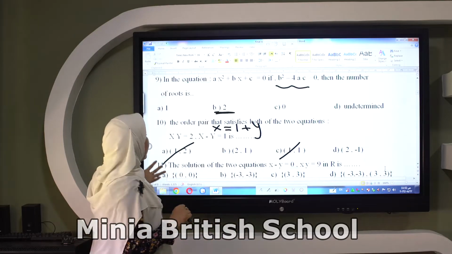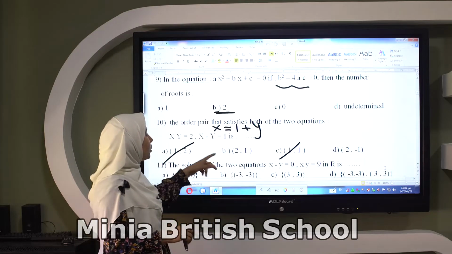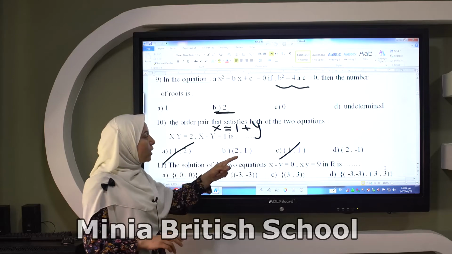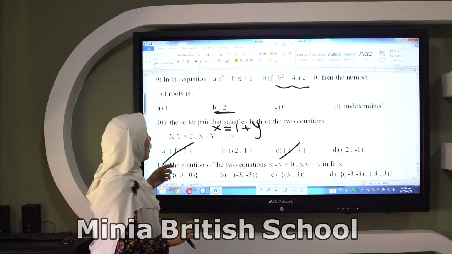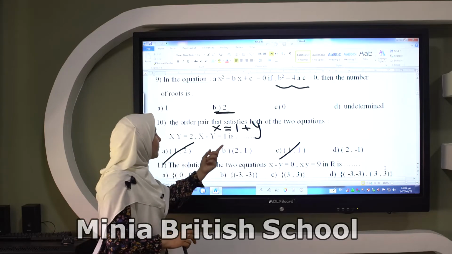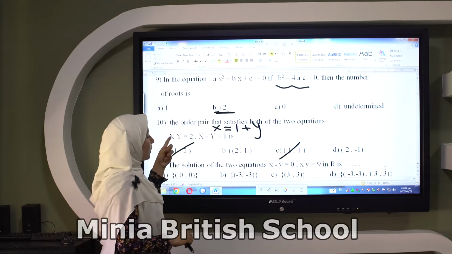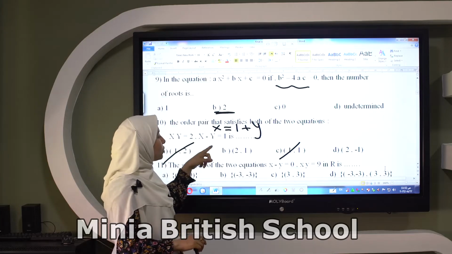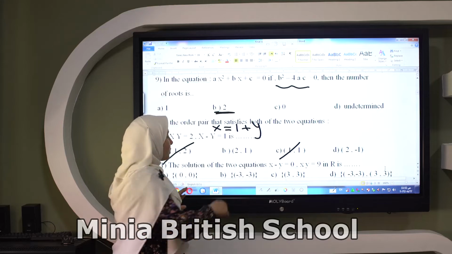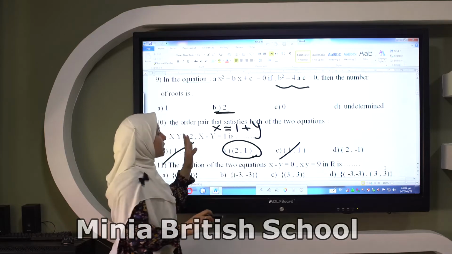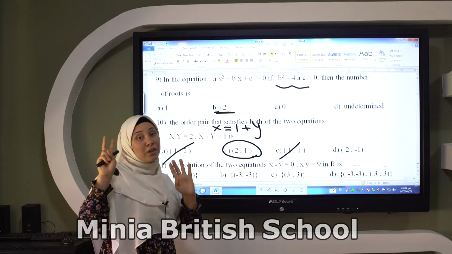Now you have only two answers, (2, 1) and (2, -1). Here 1 times 2 equal 2, and also 2 minus 1 equal 1. So this ordered pair satisfies the two equations.